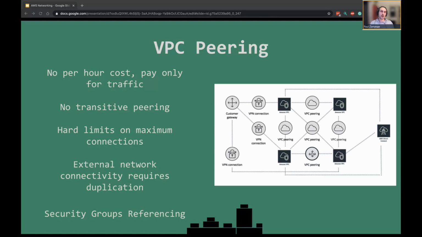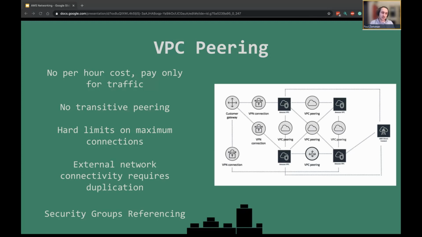Then say you built a network around a bunch of VPCs, and now you have to connect that to external networks, either your on-prem network, or a third party that you want to connect to, and that network needs to be connected to more than one VPC. Because there's no transitive peering, you would have to create that connection multiple times, and that's problematic.